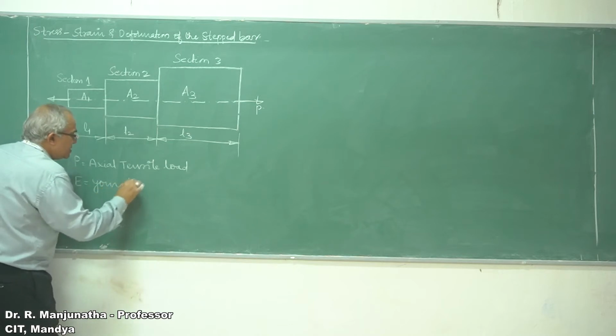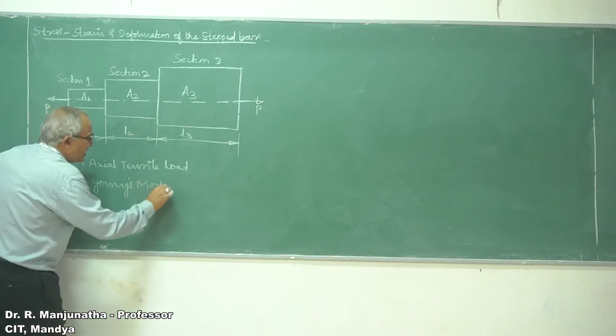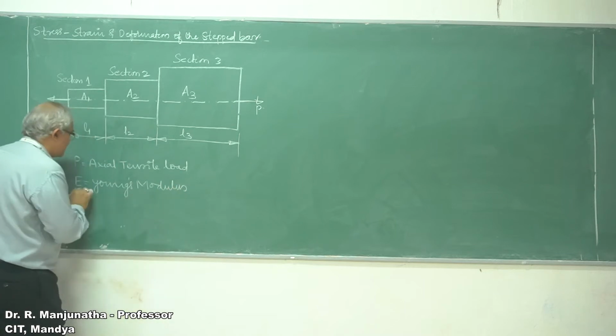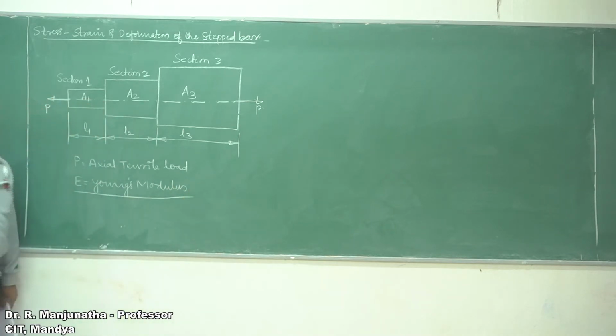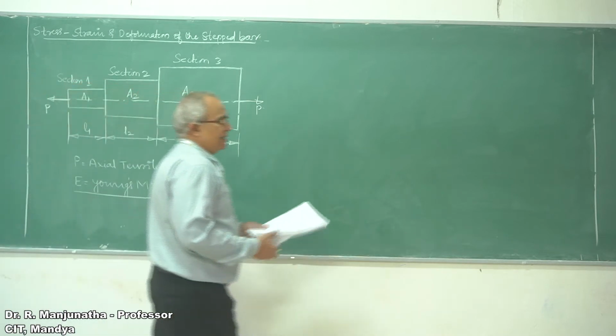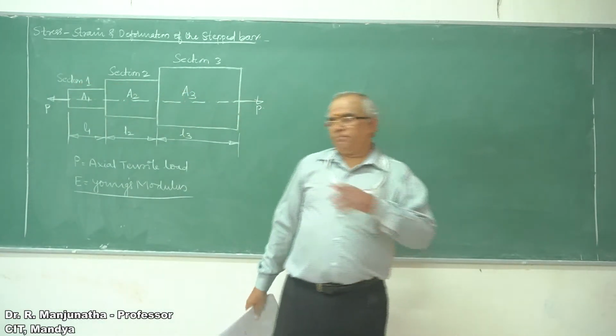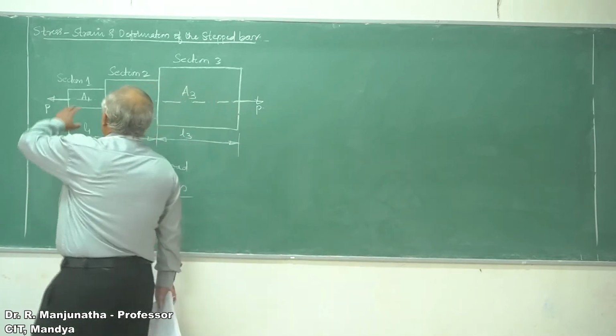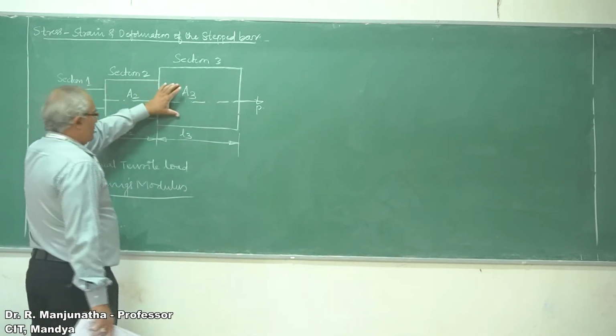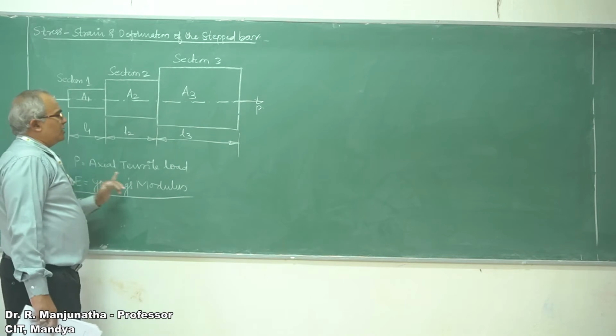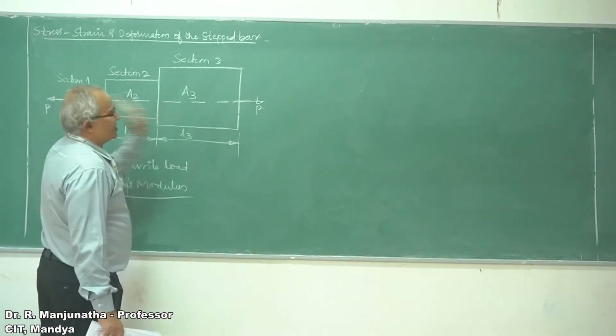Why we need to consider the Young's modulus is basically to identify the nature of the material which we are considering. Since it is a stepped bar, all the sections are made of the same material, so we are going to have the same Young's modulus for all the cross sections.